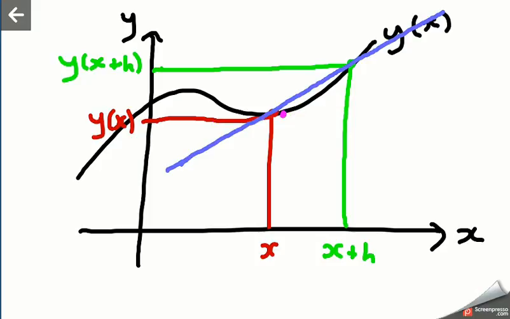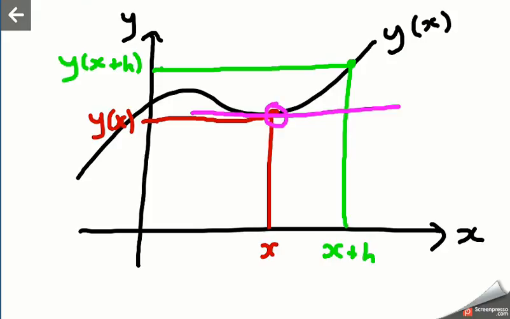Our lines are going to get closer and closer to a special line that looks like this. A special line that actually only touches our graph once around that point.